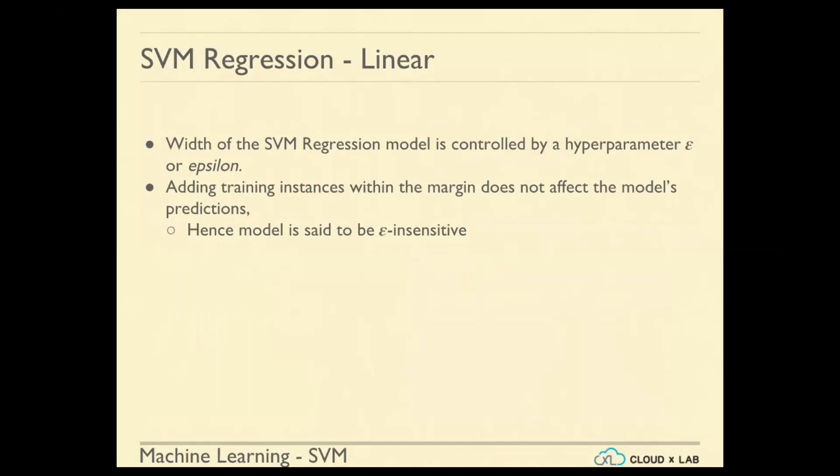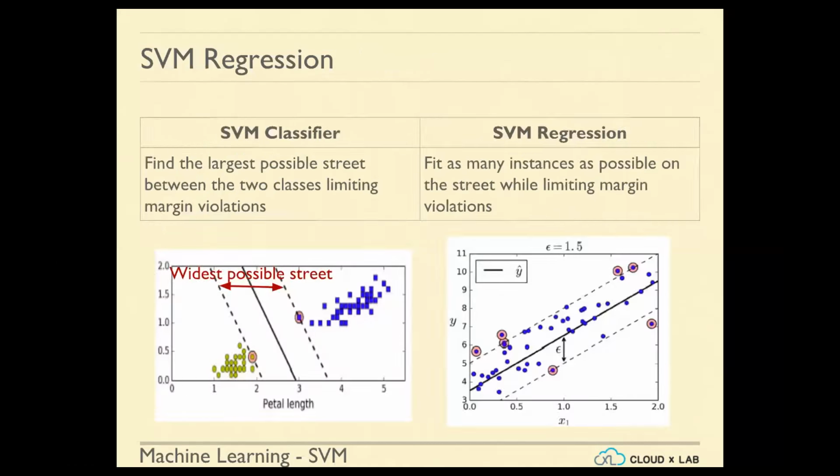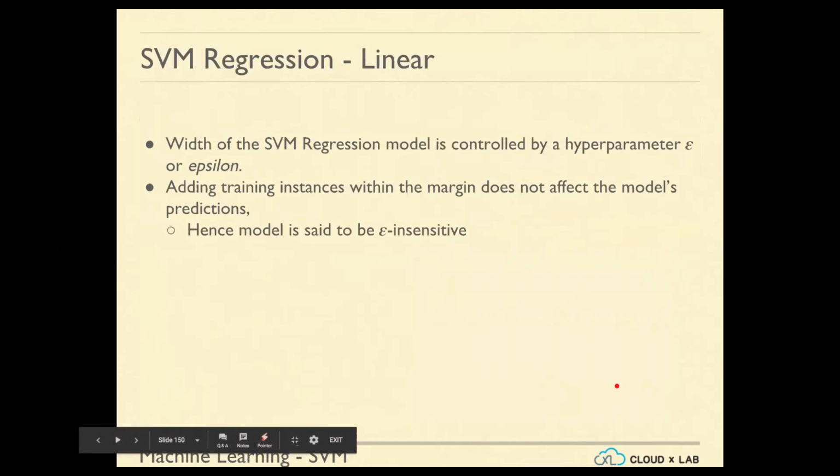Adding training instances within the margin does not affect the model's predictions. Hence the model is said to be epsilon sensitive. If we trained our model on this kind of data and one more data point comes up for training, let's say here, it would not impact the model at all, because it'll be the same model.